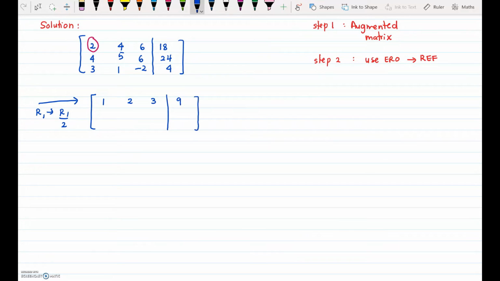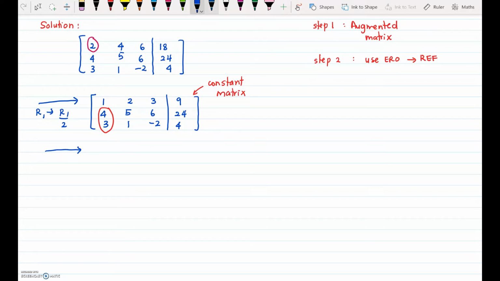Make sure you perform the operations on the constant column as well. Next we rewrite the rest: 4, 5, 6, 24, and 3, 1, negative 2, and 4. Your next step will be to make the entries below the leading one zeros.